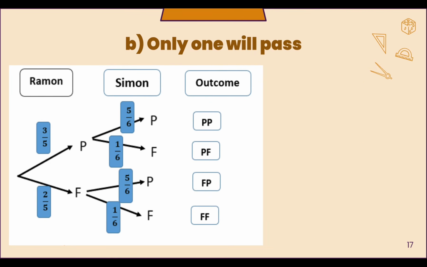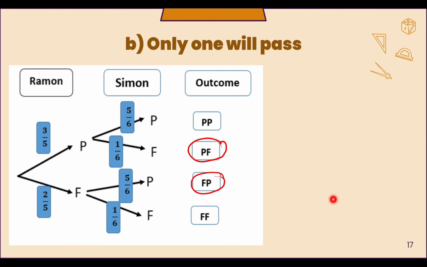Let's also consider the second one, only one will pass, which would mean to say we consider the PF and the FP. The PF means Ramon passes and Simon fails. In FP, Ramon fails and Simon passes.